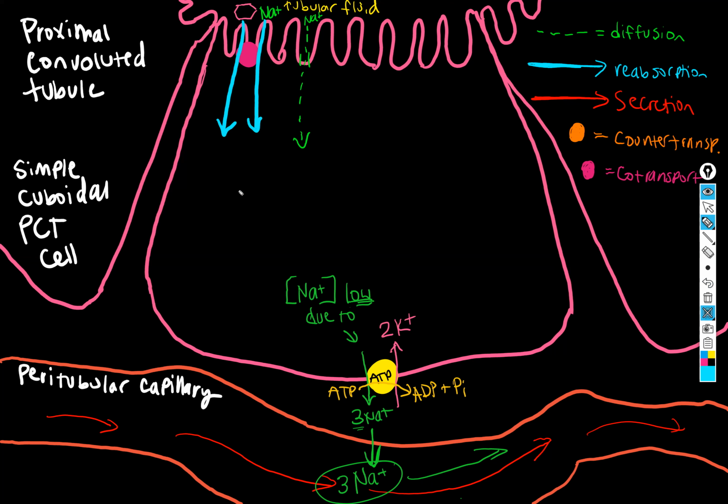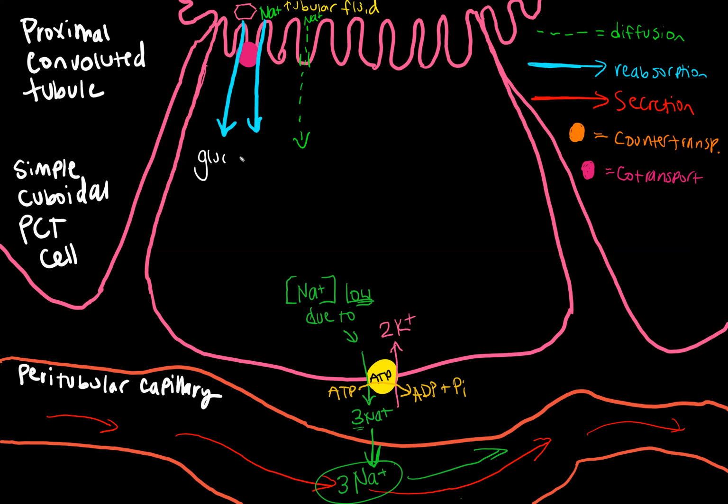And this same method of co-transport is also the method that we reabsorb other nutrients as well. So I'm using glucose as the flagship example, but let's say it wasn't glucose, it was an amino acid, same process. We're going to co-transport it with sodium because we set up that sodium gradient.